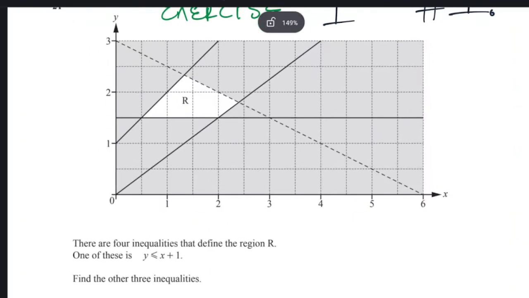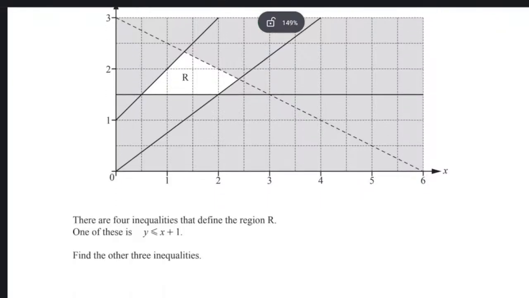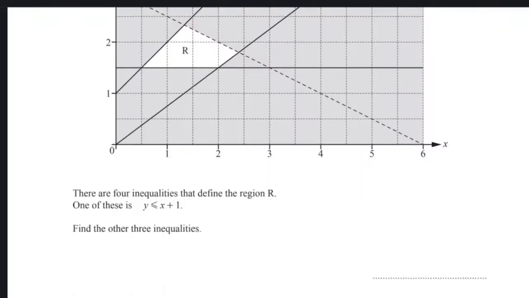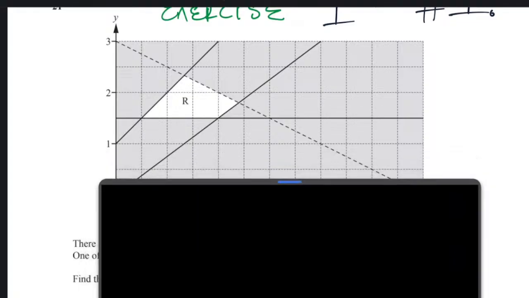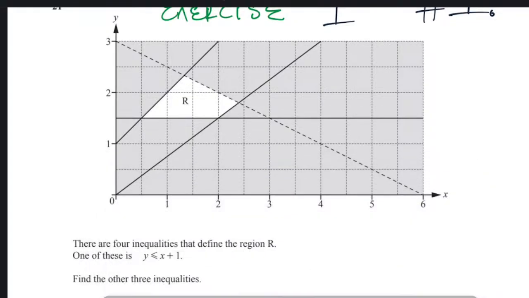Right. Solve this one. They want you to find the other 3 inequalities. And it's 4 marks. You've been given this one: y is less than or equal to x plus 1. So you should look for which one it is. Which line here is the line y equal to x? Let me help you. Should I help you? Should I not?